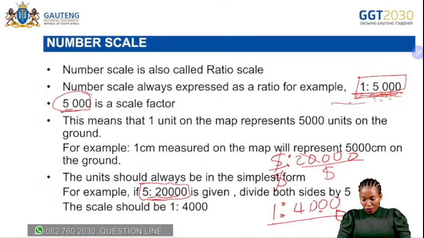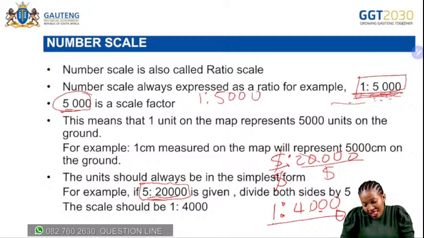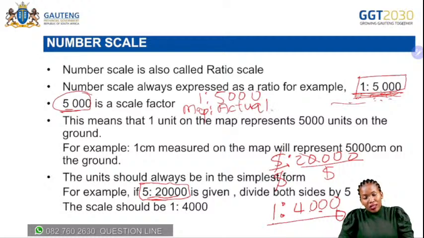The other thing that I forgot to mention, guys, is that when you are working with the scale, let's say you've got 1 is to 5,000, the first value here will always represent the distance on the map. And then the second value will represent the actual distance. Always.